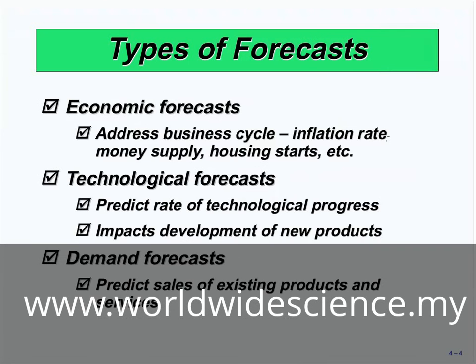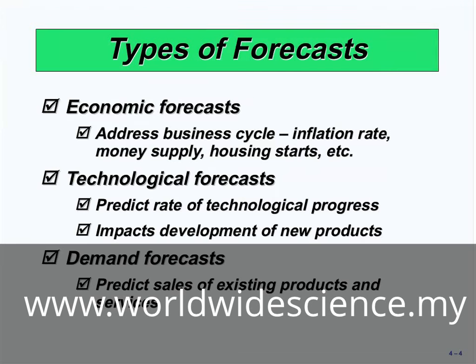The type of forecast. Economic forecast addresses the business cycle. It considers business cycle, inflation rate, money supply, housing starts, and something like this. Technological forecast predicts the rate of technological progress and impact on development of new products.